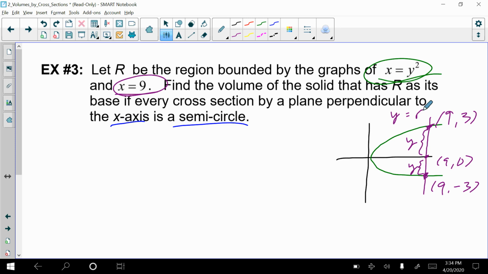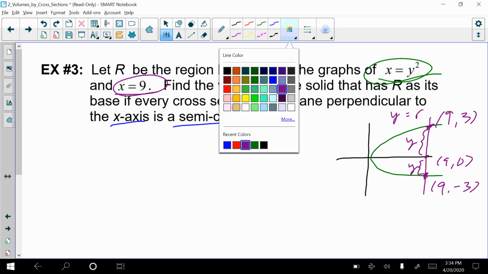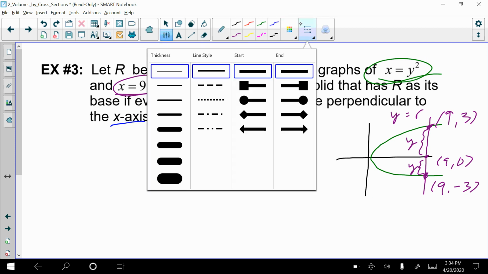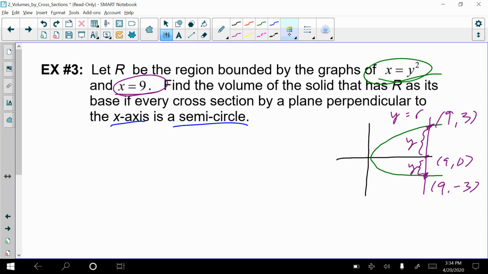Right now we have y squared, and let me do this in green since I graphed the sideways parabola in green. Right now I have y squared is equal to x. So that means y will be equal to the square root of x.